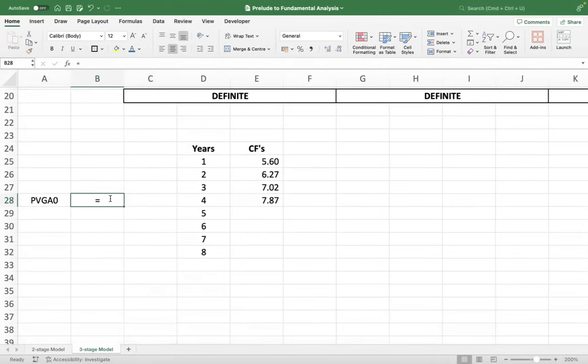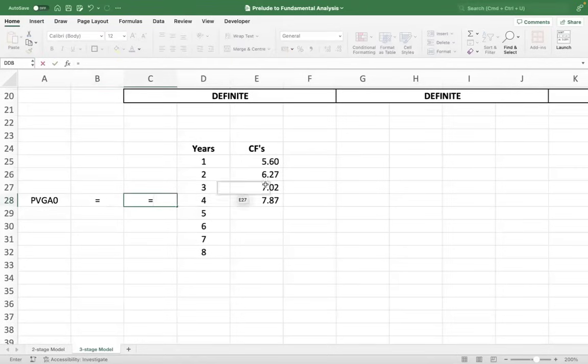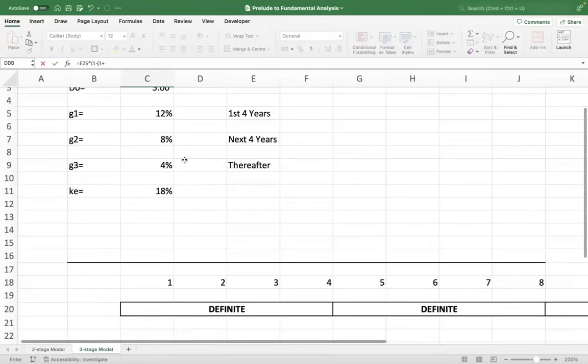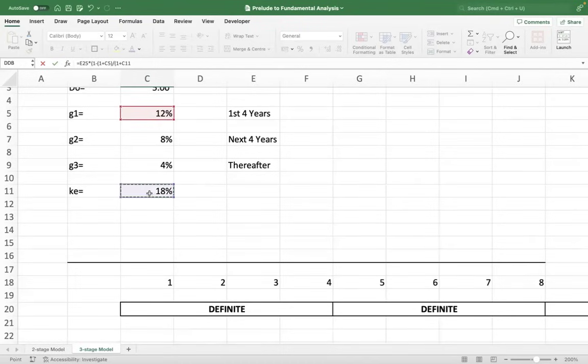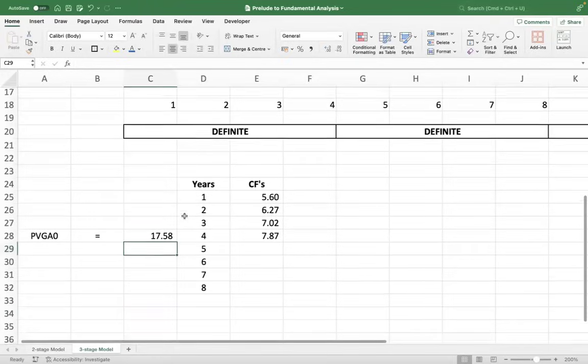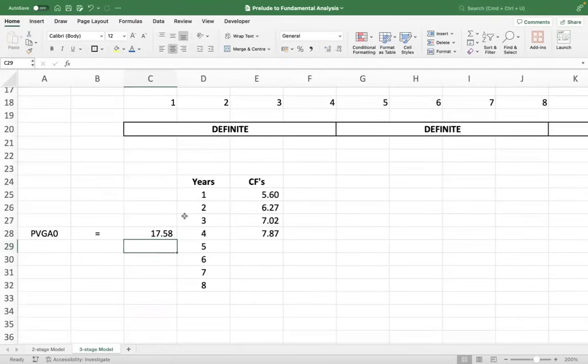It will be dividend for the first year into 1 minus 1 plus the first phase growth divided by 1 plus the expected return, the whole thing to the power of 4 years, divided by the expected return minus the first phase growth, which is 17 rupees and 58 paise. If you apply the formula.